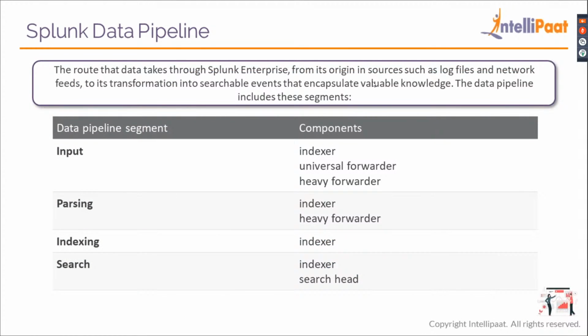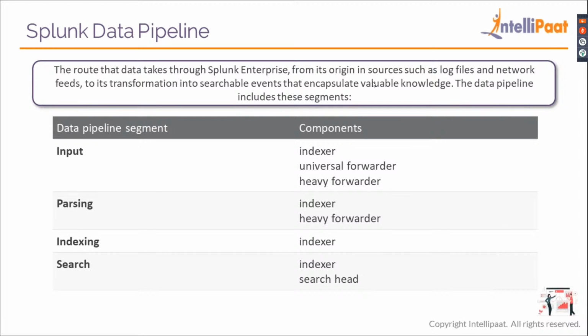All right, so now let's see what the different things are that these components can do. We know what the data pipeline segments are: input, parsing, indexing, and searching. And we have different components: indexers, forwarders, search heads, etc. As you can see over here, the function of inputting can be performed by an indexer.